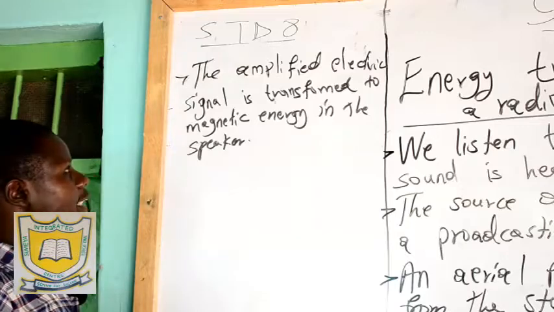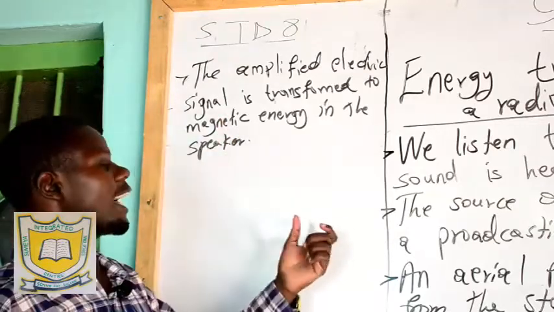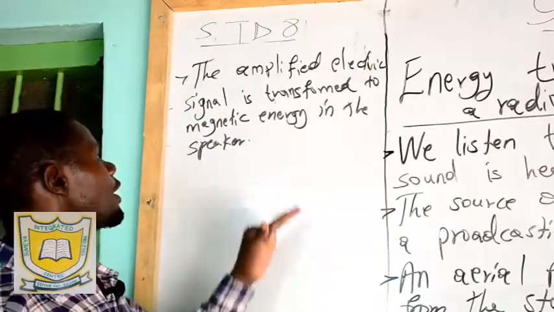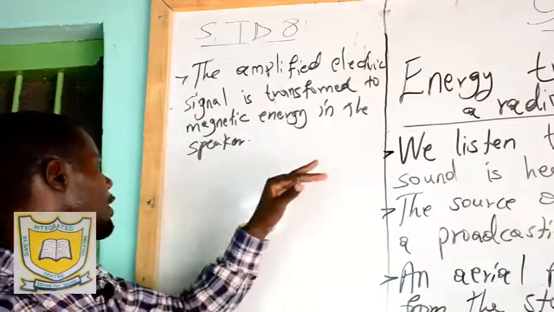The amplified electric signal that has been picked by the aerial is transformed to magnetic energy in the speaker.